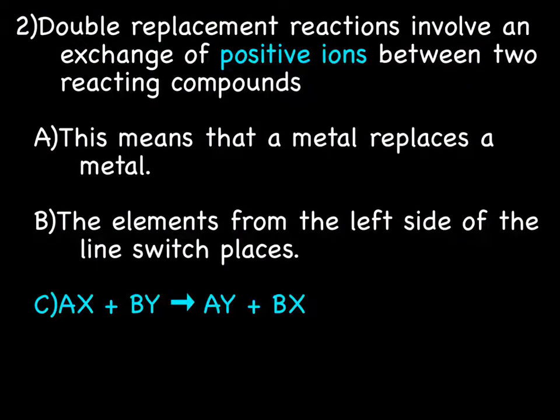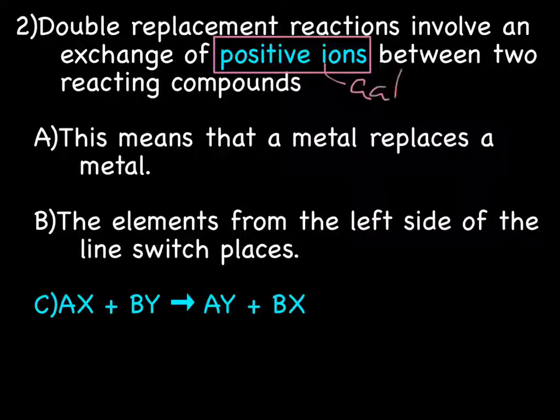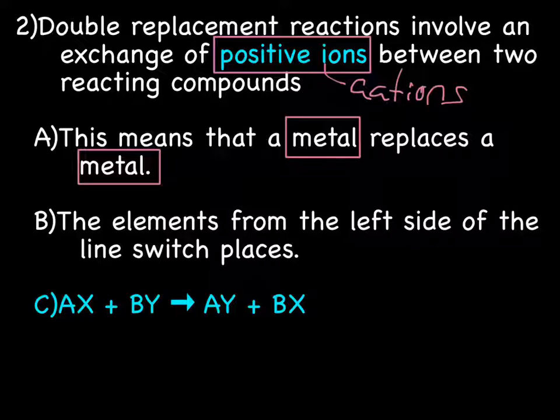During a double replacement reaction, what's actually happening is that you're exchanging the positive ions between two reacting compounds. The positive ions, also known as the cations, are the metals. So another way to think of it is the metals replace the metals. The last way to think about it is the elements from the left side of the line on the periodic table switch places.